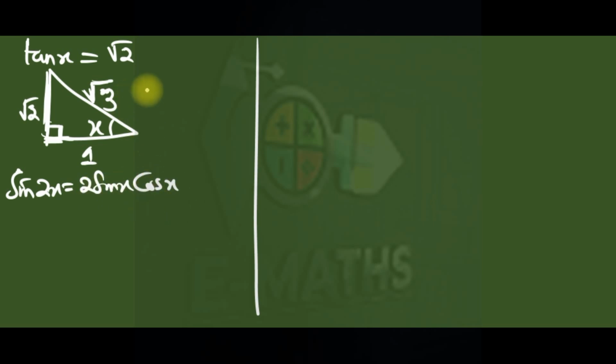From this diagram, you can see that cos x is adjacent over hypotenuse, while sine is opposite over hypotenuse. So sine x is root 2 over root 3 and cos x is 1 over root 3.